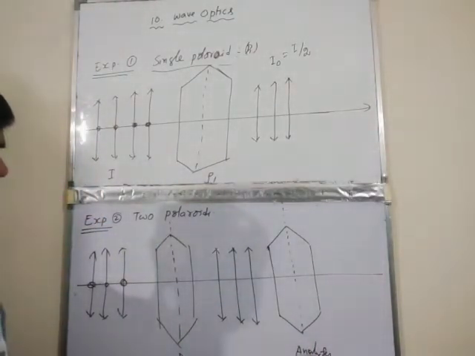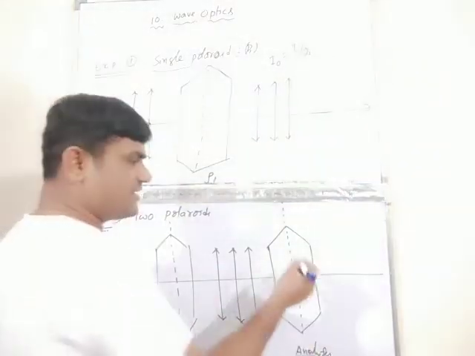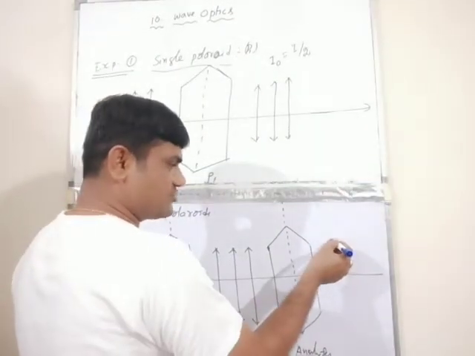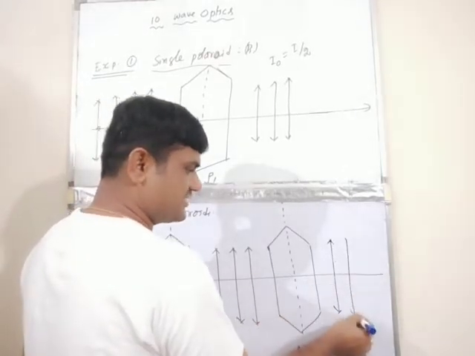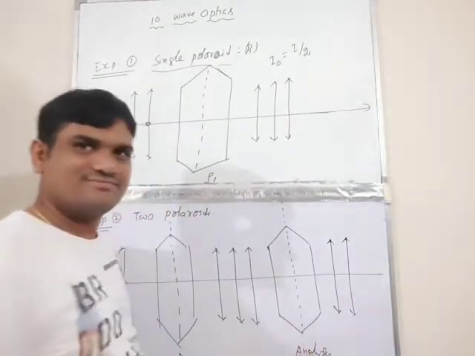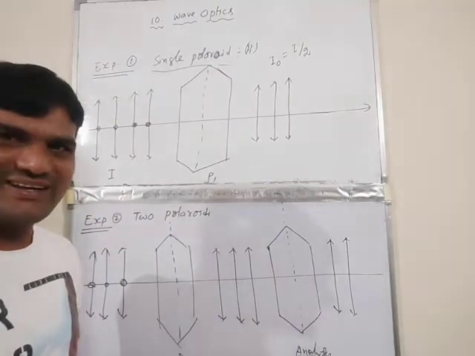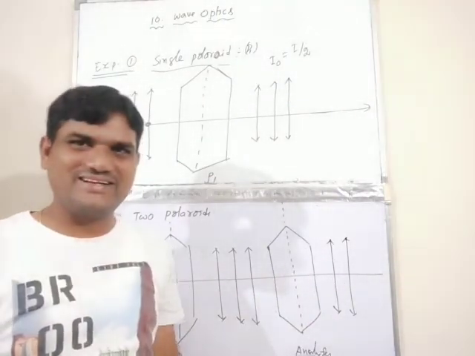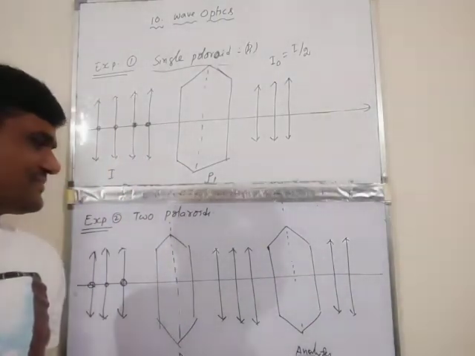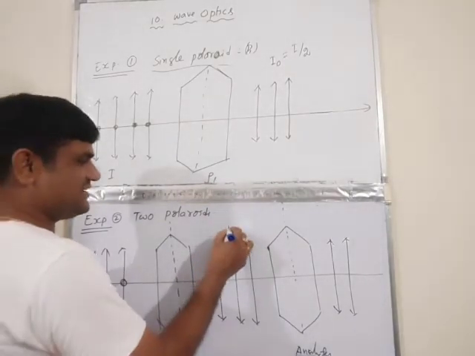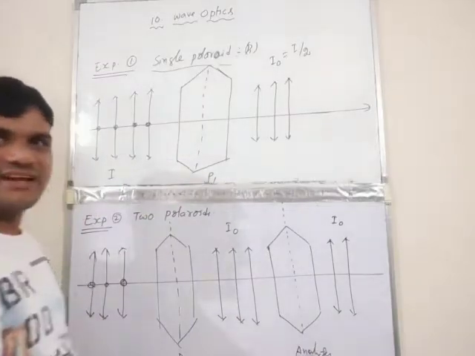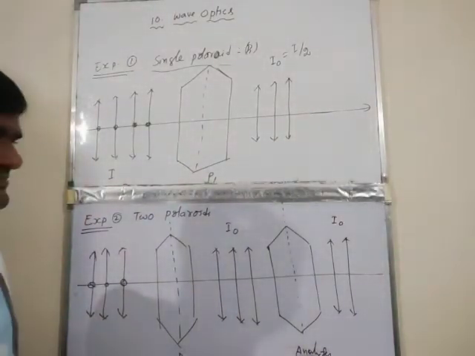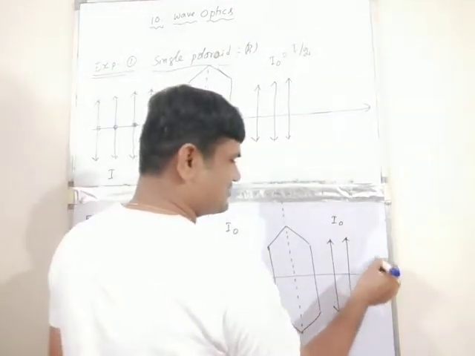So then what happened here? Only waves in this direction will come outside. For example, if this intensity is I naught, this intensity is also I naught. Now we are observing this side only.